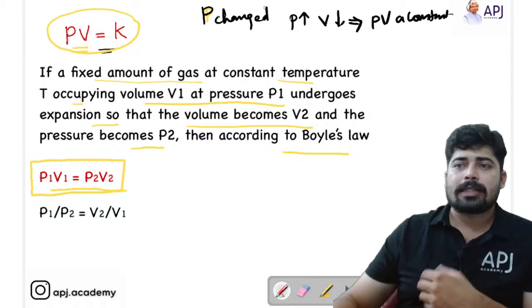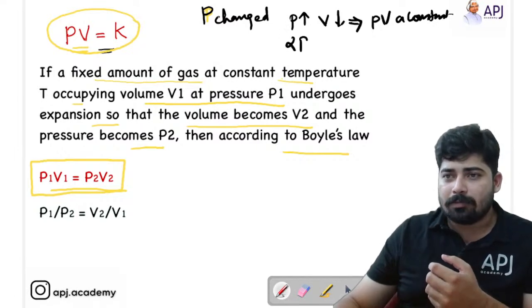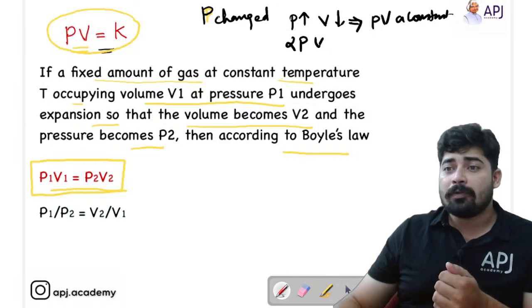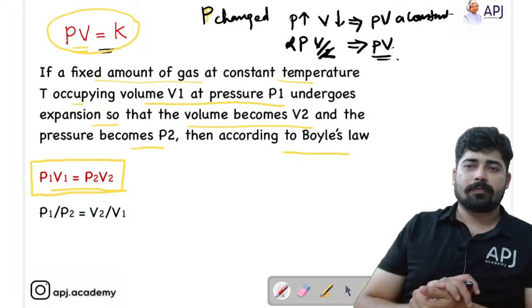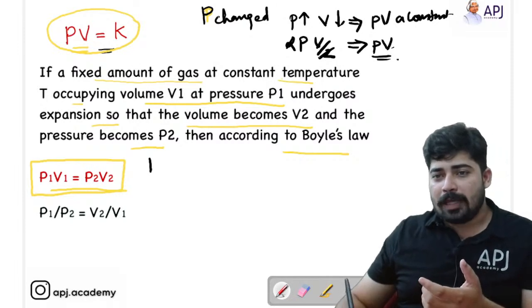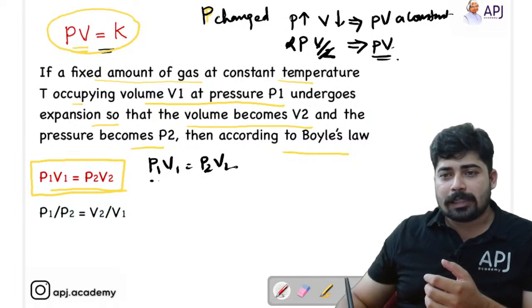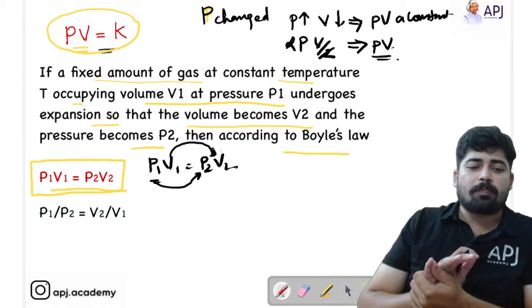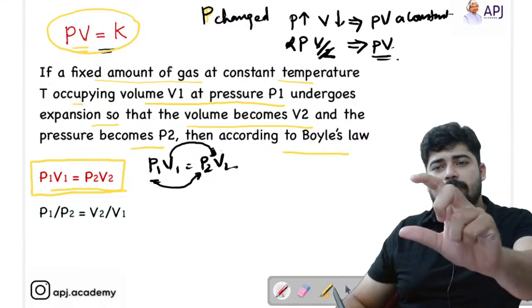Say if I increase the pressure 2 times, then the volume will decrease by 2 in order to maintain PV constant. So P1 V1 will be equal to P2 V2. If the pressure is changed to P2, the volume will obviously change to V2 in order to keep this product, PV, a constant. That is what we have mentioned here.